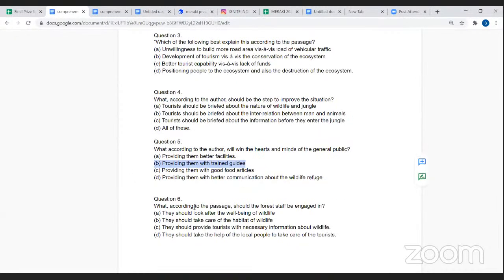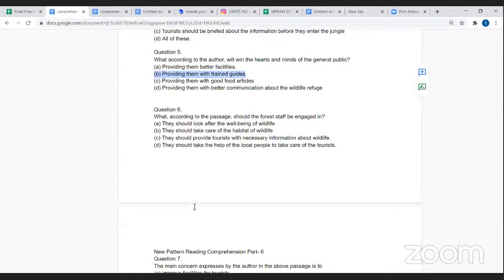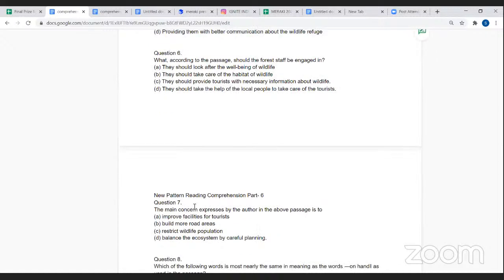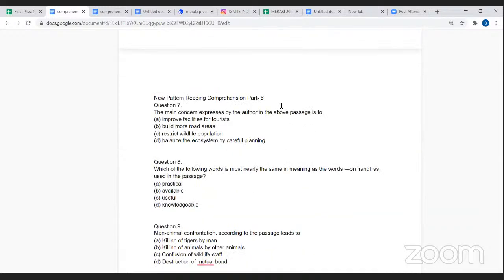Question number 6. What, according to the passage, should the forest staff be engaged in? C. Or B. It's B. They should take care of the habitat of wildlife. Then you have question 7.